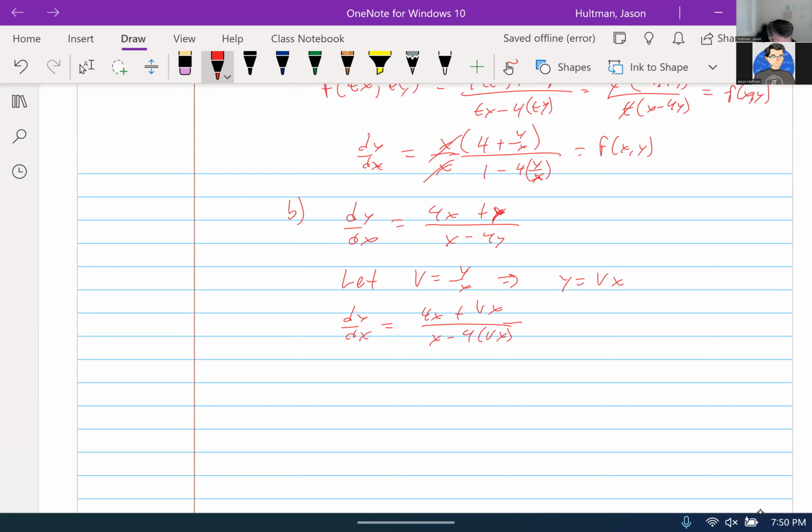Okay, this becomes dy/dx is equal to... pull out the x, 4 plus v over x times 1 minus 4v.